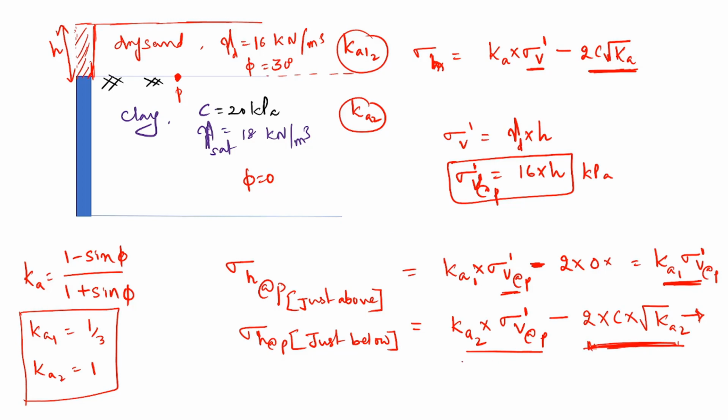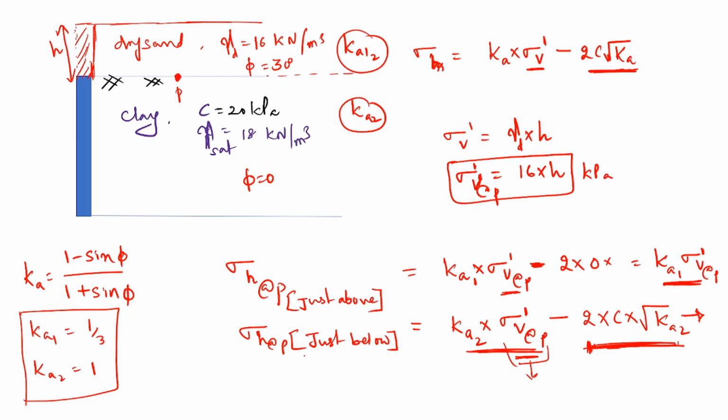As you go down, what will happen? The sigma v portion will increase, and as it increases, you are falling more on the positive side. So only at the top the total value will be less, because you are deducting from a certain value below which this will increase. At the starting point only you are going to get the minimum value of the horizontal earth pressure.